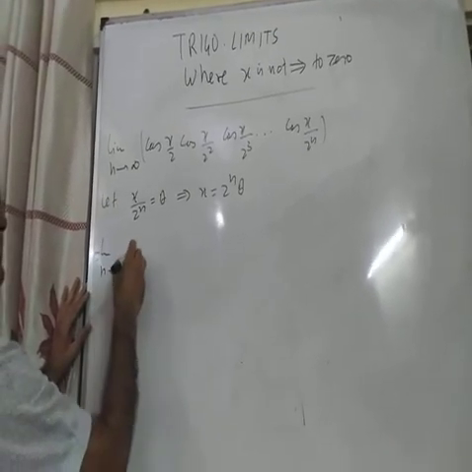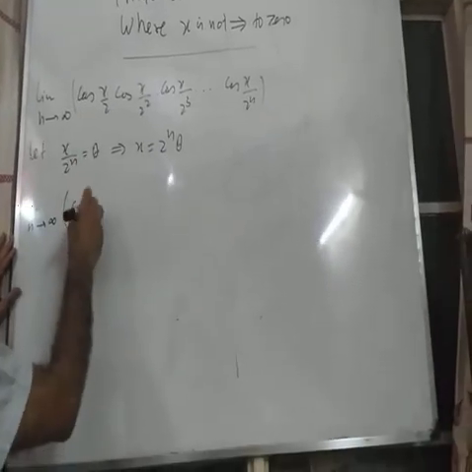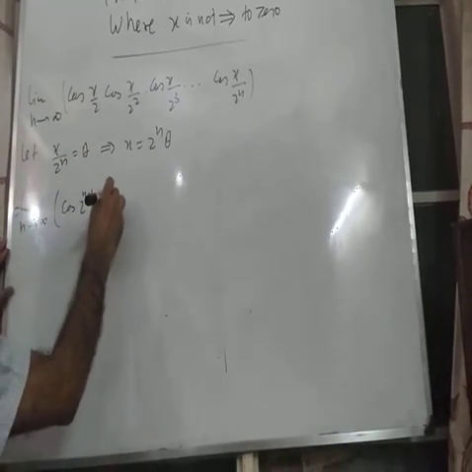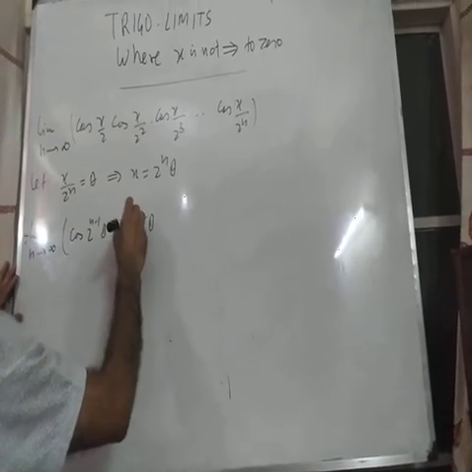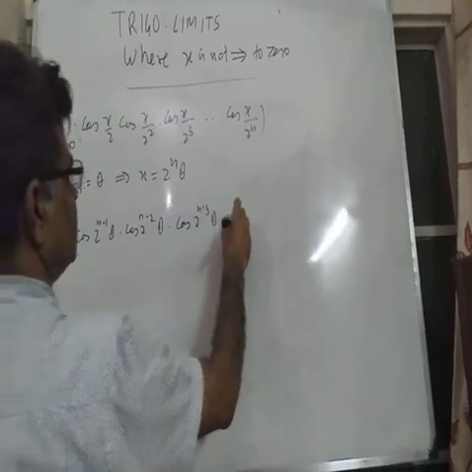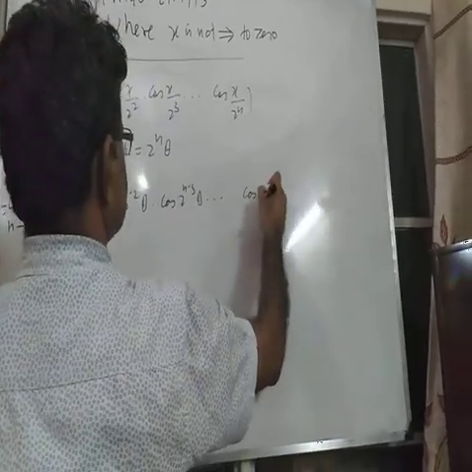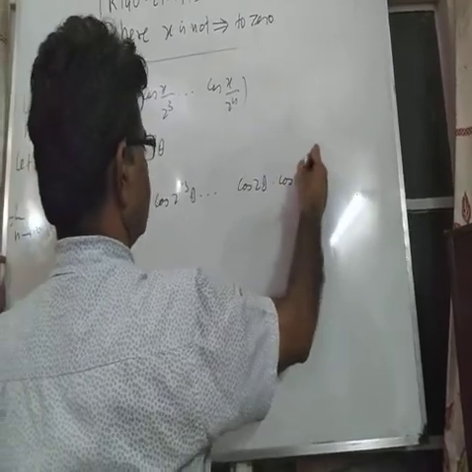limit n tends to infinity. See cos, when you put x equal to this, so cos 2 to the power n minus 1 theta, cos 2 to the power n minus 2 theta, cos 2 to the power n minus 3 theta, likewise down to cos 2 theta, cos theta.